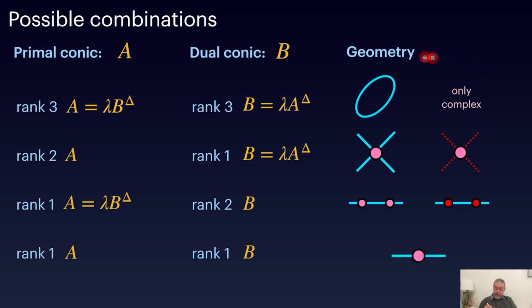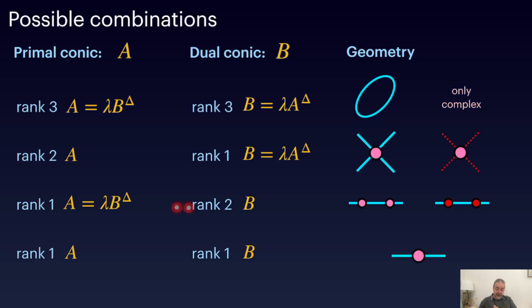So the first 3 cases also have a kind of complex counterpart. I marked the complex things with red lines or red points. So in the first situation of a non-degenerate conic, you can get either a real non-degenerate conic or a complex non-degenerate conic. In the second case of 2 lines, these lines are either both real or they are complex conjugates. And in case of complex conjugates, their intersection is still a real double point.